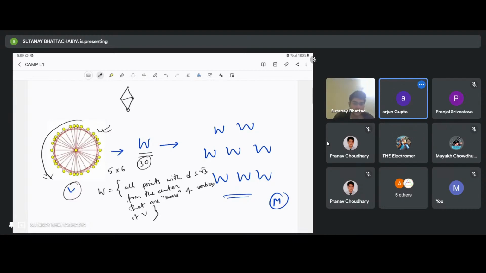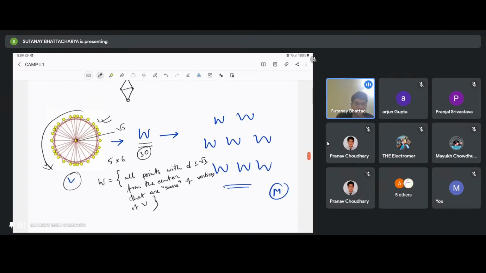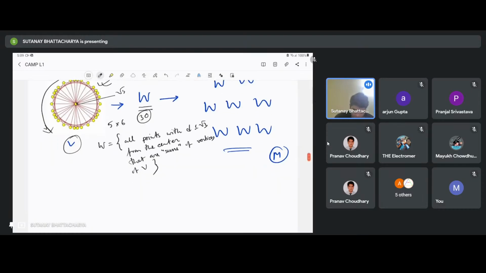Anyway, the exact number doesn't really matter much because we are not going to calculate anything with that. So we take V, then we take the vector sums that lie inside the distance √3 from the origin, and that gives us some huge graph W, which looks pretty bad. I don't have a picture for that.